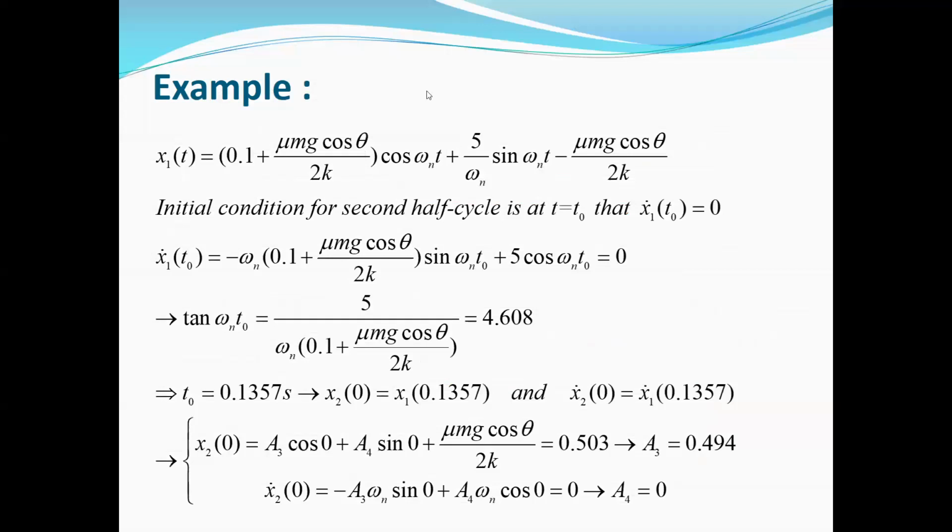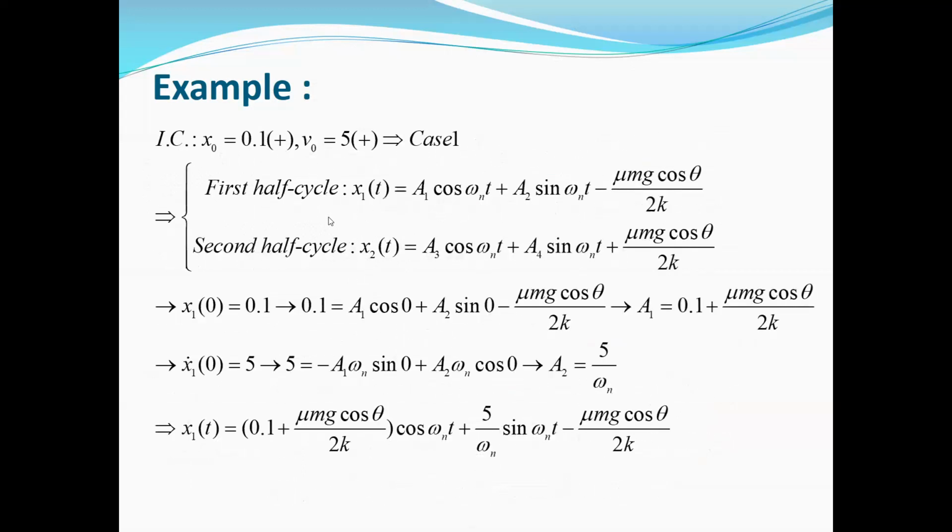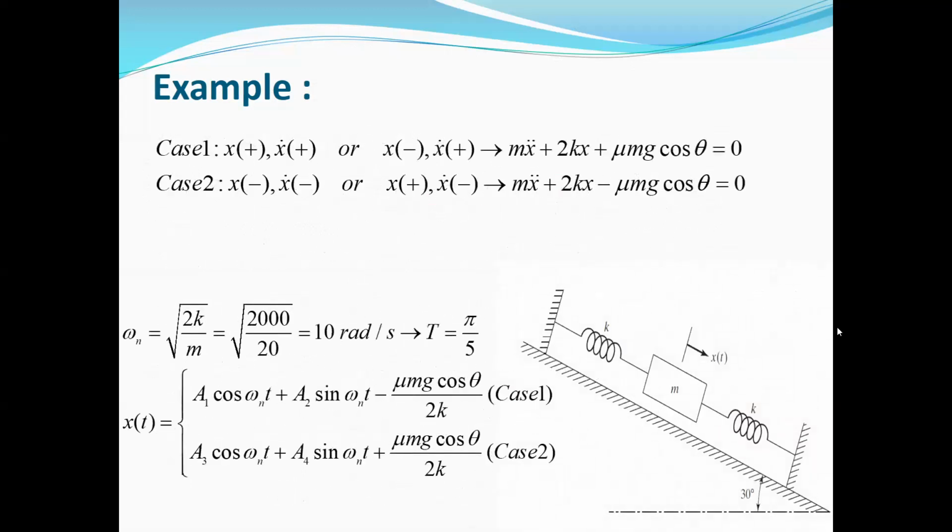Now we have x1 and we need to obtain the initial condition for the second half cycle. For this purpose, we should know when this mass will stop. Let's go back to the figure. Here, this mass m will start from some point, for example here, with initial velocity 5 meters per second.